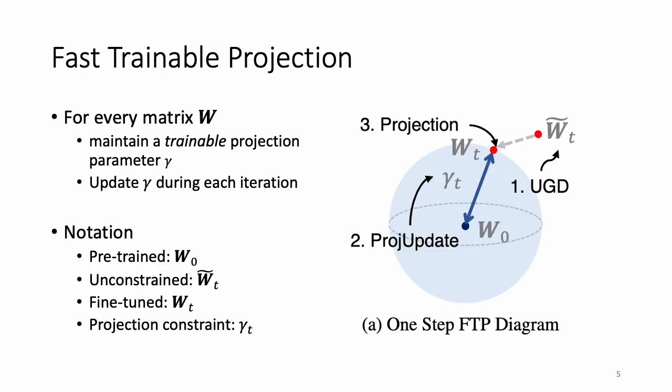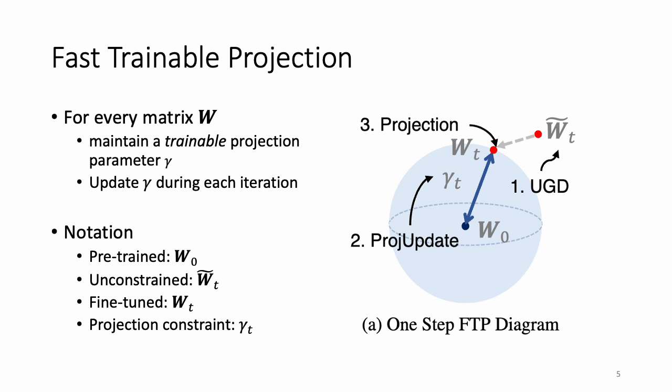Specifically, FTP is an optimizer for fine-tuning. For every trainable matrix and vector in a network, FTP maintains a trainable projection parameter gamma, and it updates gamma during each iteration of optimization simultaneously with other model parameters. Here is a high-level illustration.